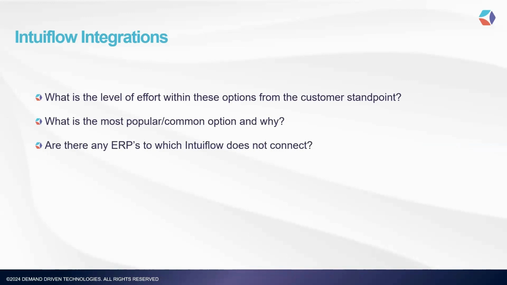Great question. So Dan, any ERPs that we are not able to connect to that we're aware of? Not that we're aware of, Wayne, that's correct. Have we come up against one we couldn't connect to? Generally, we can find a way. Even if we can't connect directly, there are all kinds of options in different ERPs. Some of them have APIs, so we can grab data through an API.